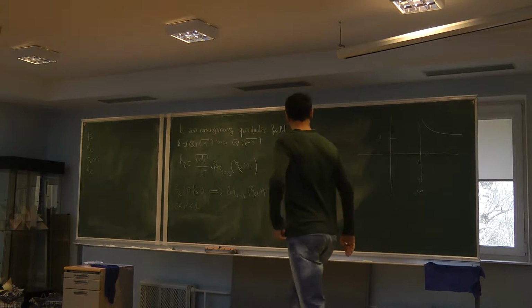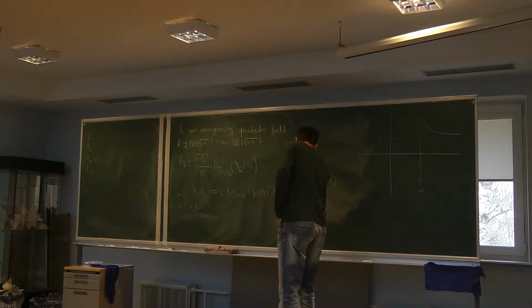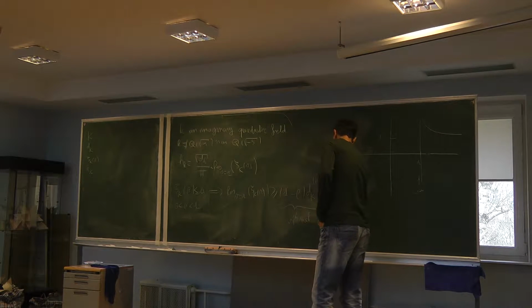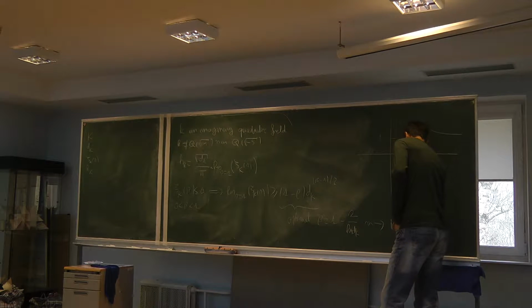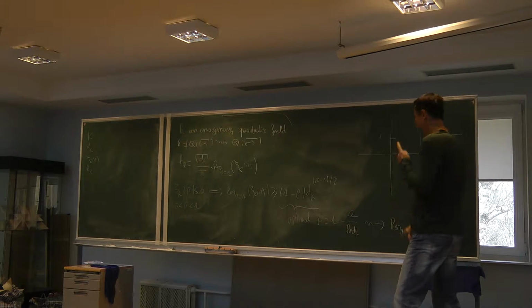So the key point is that this is optimal. You want that to be as big as possible, and this one is optimal for beta equal 1 minus 2 over d_K. In that case, you end up with, okay, what does this mean?